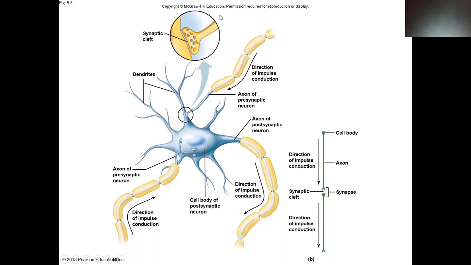There's a space in between this axon terminal and the next neuron in line. So I want you to get out your neuron picture, and after the axon terminal, draw an area of space, and write in there synaptic cleft or synaptic gap. Cleft or gap, whichever one you want, doesn't matter, they mean the same thing.